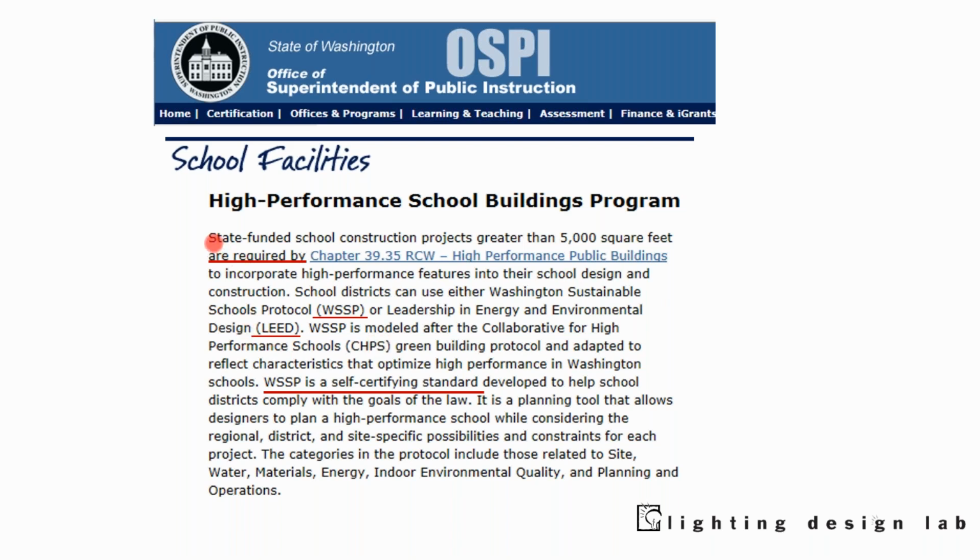State-funded school construction projects are required to follow either the sustainable schools or LEED model. Interestingly, this is a self-certifying standard, meaning the school district just applies to the state to show that they're meeting those particular standards.